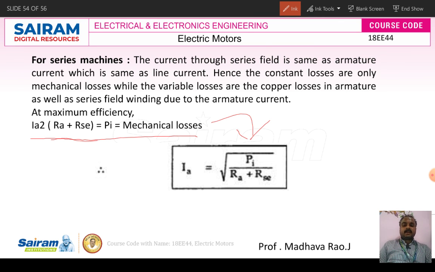From it, IA is equal to root of Pc by (RA plus RSE), where RA is the armature resistance and RSE is the series field resistance. So this is about the current flowing in the armature at the maximum efficiency condition.